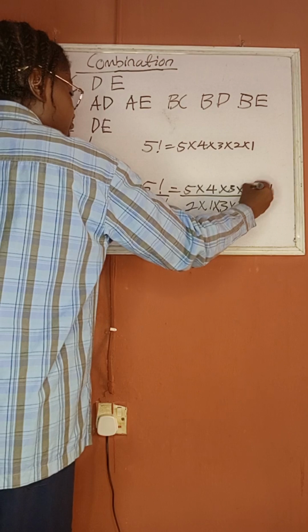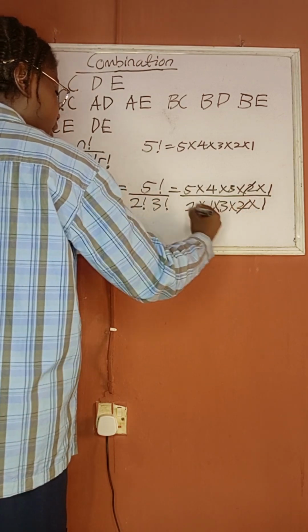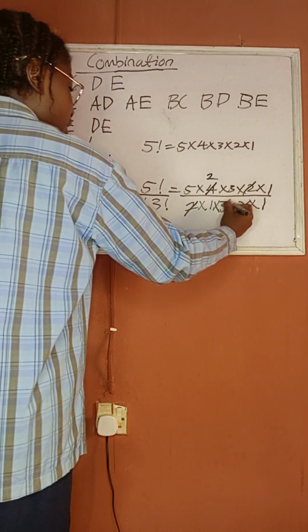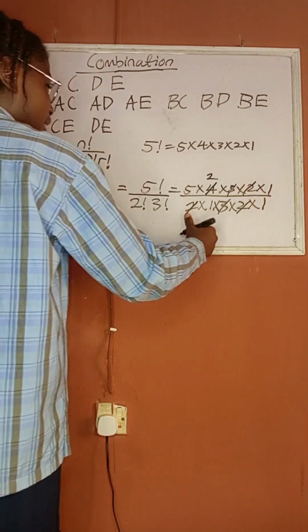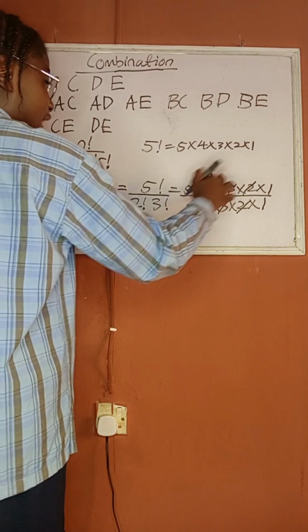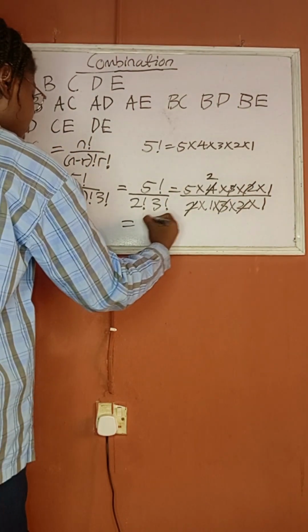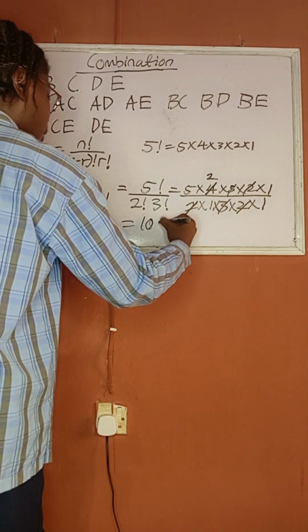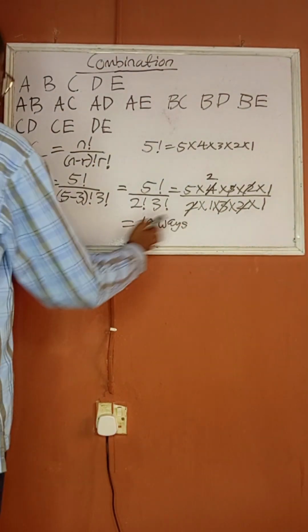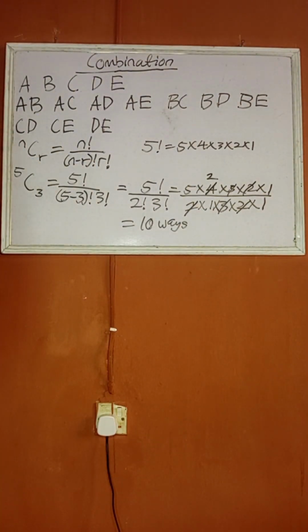So 2 here cancels this 2 here, 2 here cancels this 4, leaving it with 2, 3 here cancels this 3 here, and then 1 is left out. So that's going to be 5 times 2. That's giving you 10 ways. Note, ways is the unit for combination.